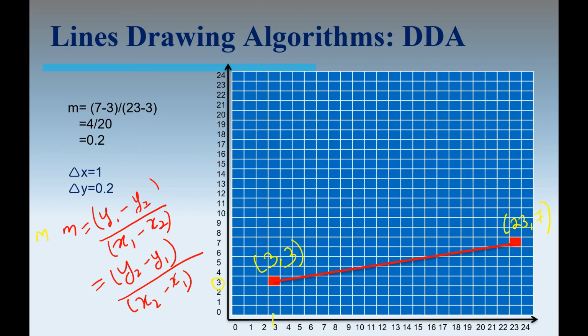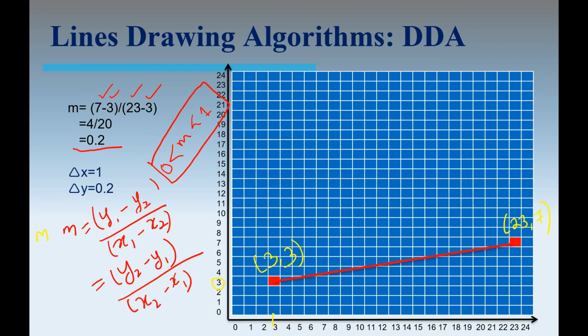So when we calculate this, y2 is 7 here, minus y1, which is 3, divided by x2, 23, minus x1, 3. When we calculate this, the value of m is 0.2. This satisfies the first case, where m is less than 1 and greater than 0.